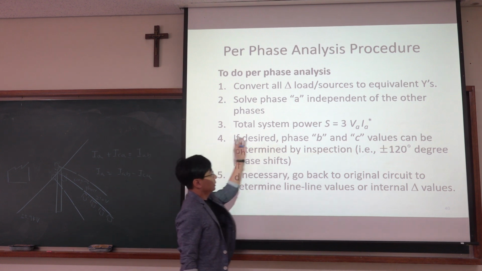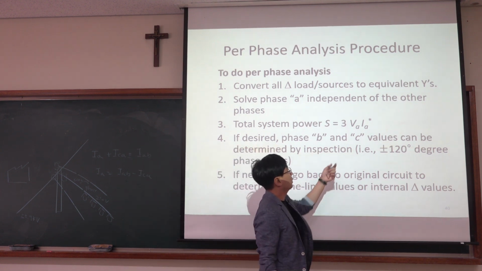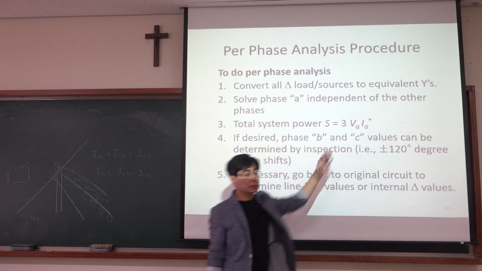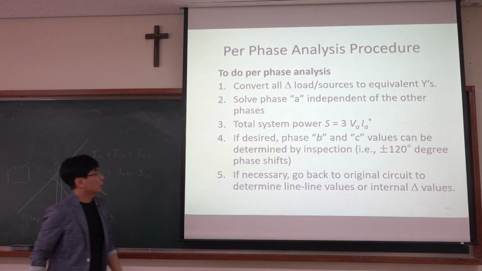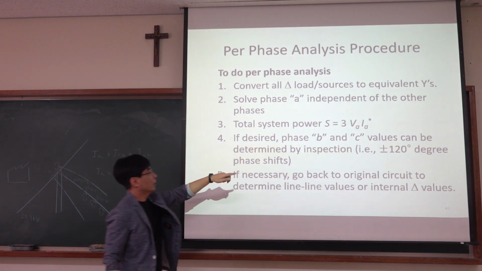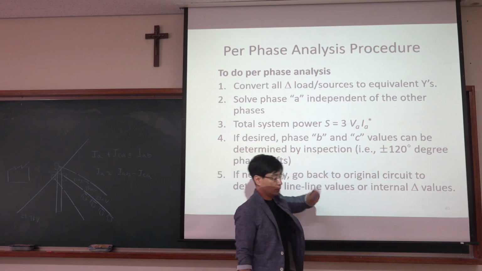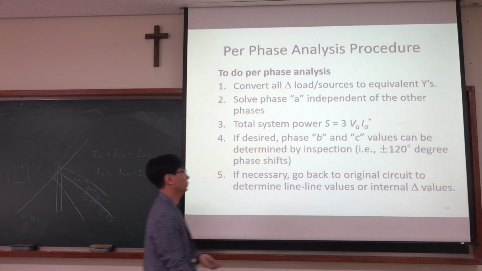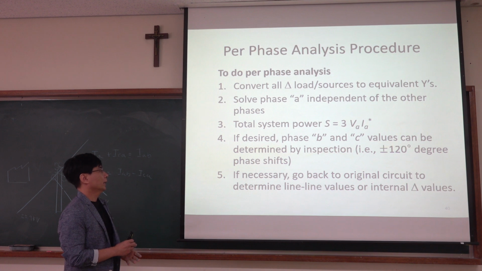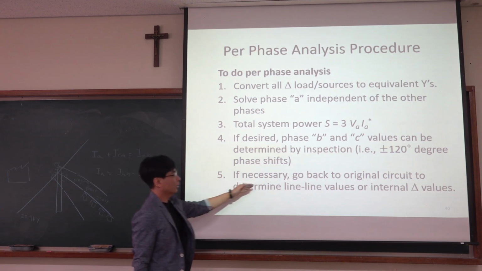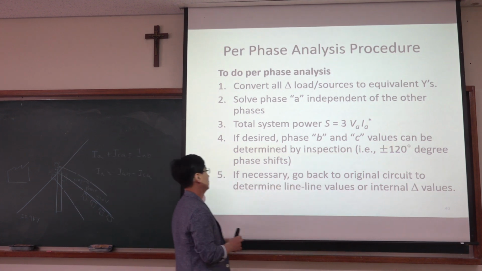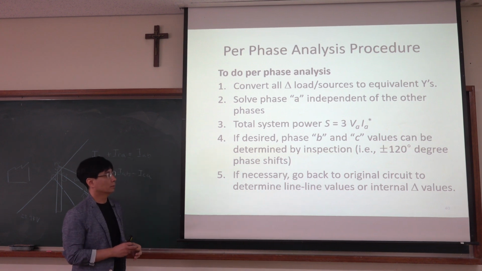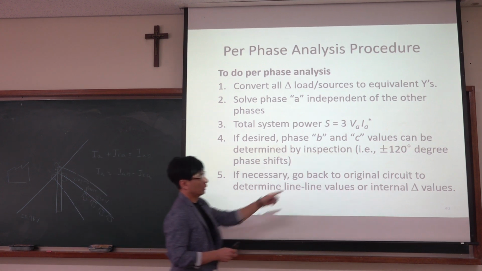And then the total delivered system power is just 3 times that of one phase. And if desired, phase B and phase C values can be determined by inspection. Just change the angle by 120 degrees, plus or minus. And if necessary, go back to the original circuit to determine line-to-line values or internal delta values.